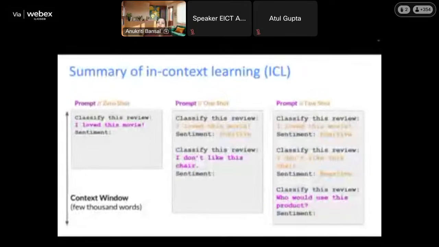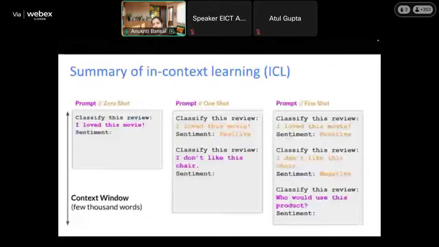But again, it's a trade-off between the time, the context window, and the accuracy. If you don't have a problem with the context window, you can always add more examples to explain to your model what kind of responses are expected.